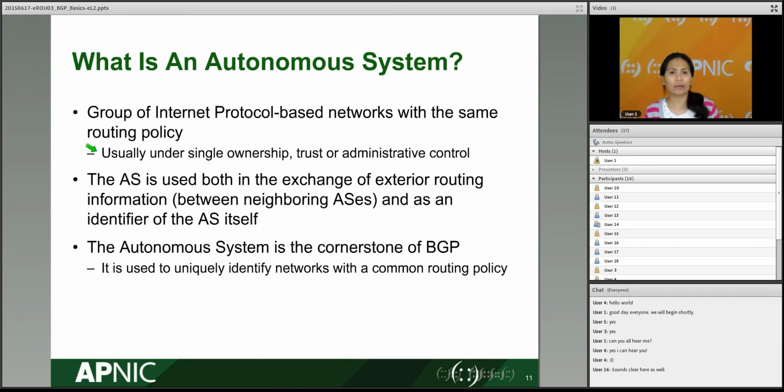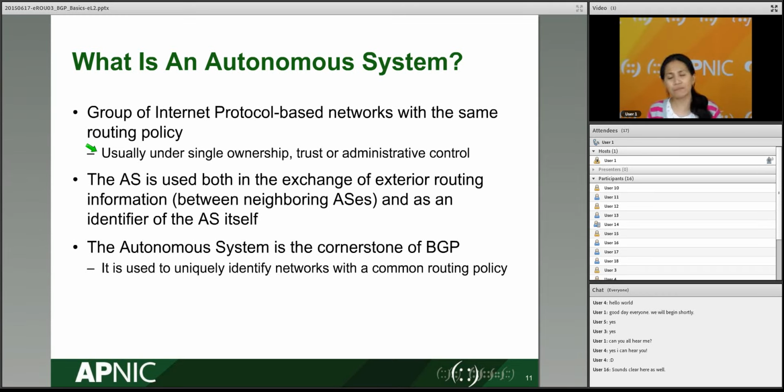Now they are obviously allocated. It's like IP, it's a number resource. They are allocated by IANA to the RIRs. So if you need to get a public AS number, you have to get it from either your upstreams or from a regional internet registry. As I've said, an AS, an autonomous system, and an ASN as well, you have to understand them because it's a cornerstone of BGP.